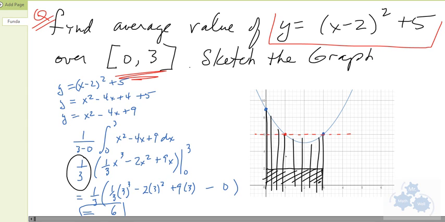But I don't like to think about the area because this doesn't really help you. Here's the area, and then you have to figure out what b minus a is, and that's the fraction of the area. I don't really like it, but that's sort of how it works out. And this value of 6 is the y value that actually is the average for the function. So it's related there.